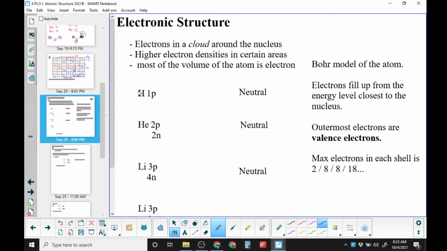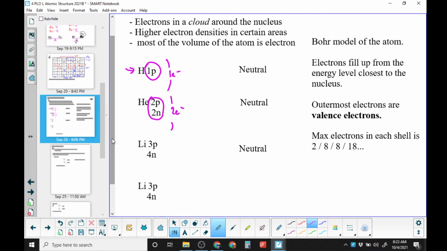Starting with the first one, how many protons and neutrons does hydrogen have? 1 proton, 0 neutrons. And then what does the electronic structure look like? 1 electron. Going on to helium, what does the electronic structure look like? 2 electrons. And then the piece de resistance. What does the electronic structure for lithium look like? 2 and then 1.